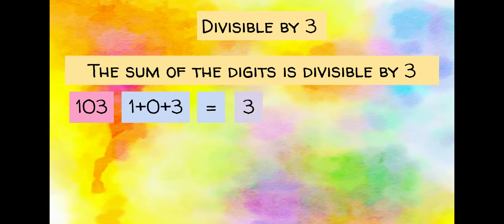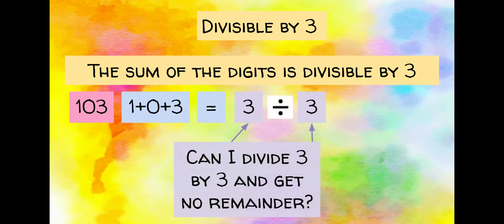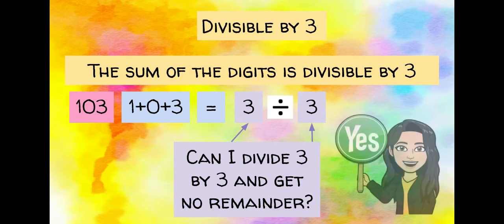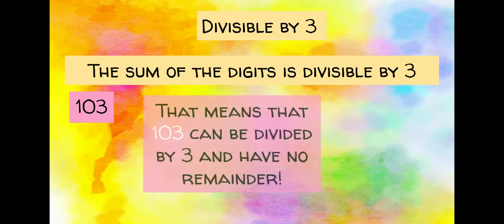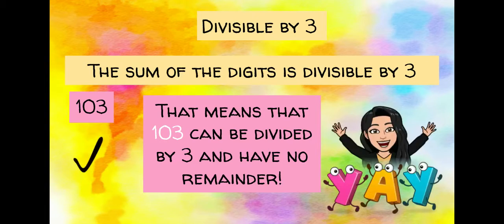Is 3 divisible by 3? That means, can I divide 3 by 3 and get no remainder? Yes, I can. So that means that 103 can be divided by 3 and I'll have no remainder.